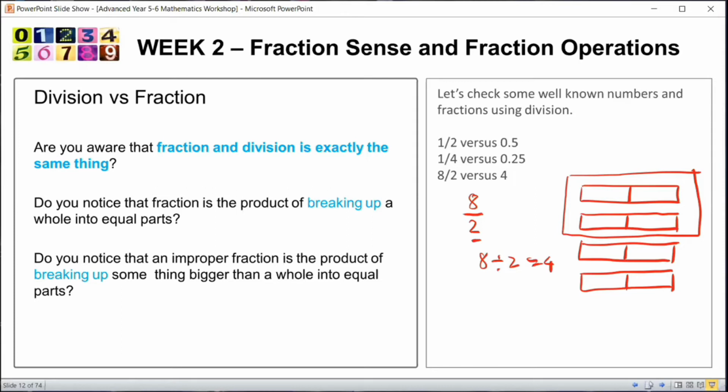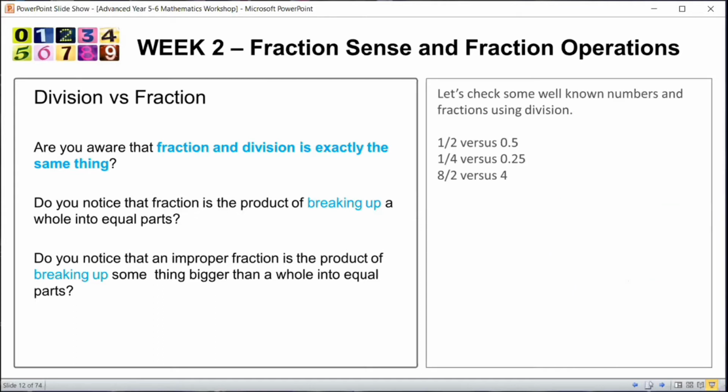That's actually a mistake here. We don't have that bit. So you have 8 parts, 2, 4, 6, 8 parts, and divide by 2, you get 4 whole. So that is 4 whole there. That is 1 whole, 2 whole, 3 whole, and 4 whole, divided into 8 parts.